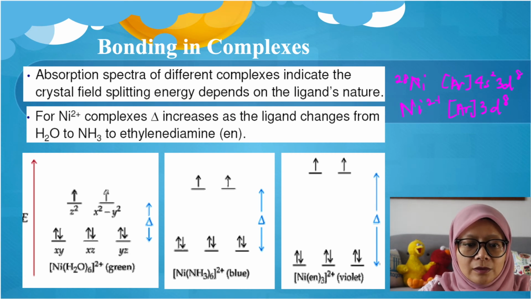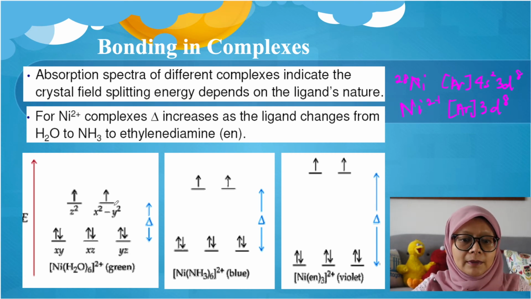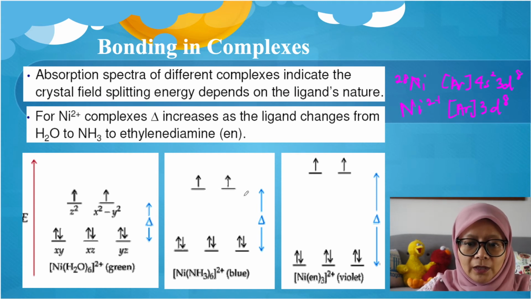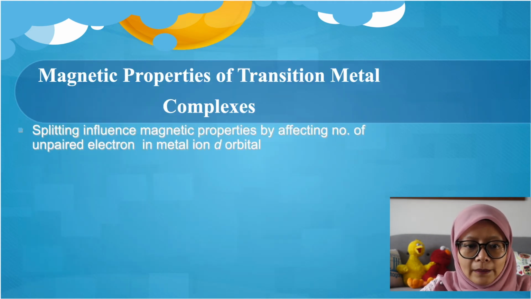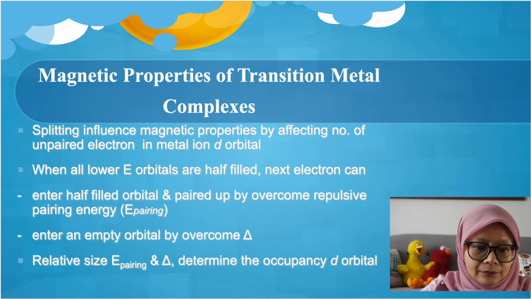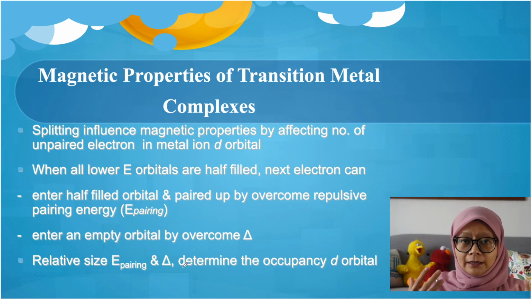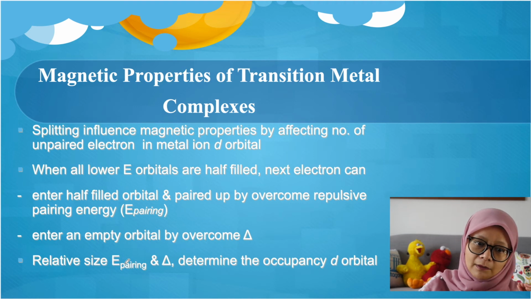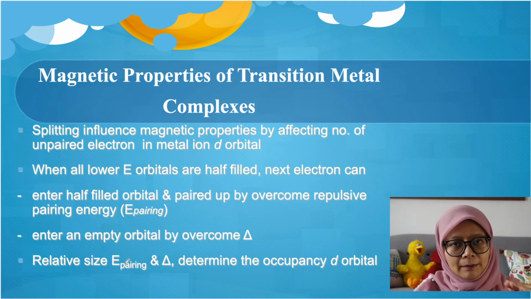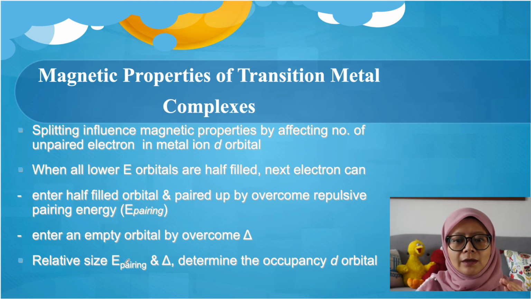The electrons try to overcome the delta and jump to the higher energy level, the eg. And then the relative size of the pairing energy: electrons have a tendency to pair up instead of overcoming the delta.